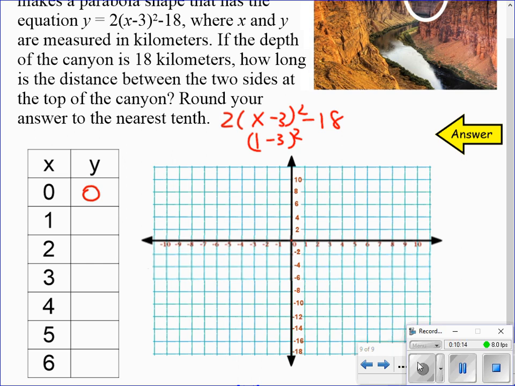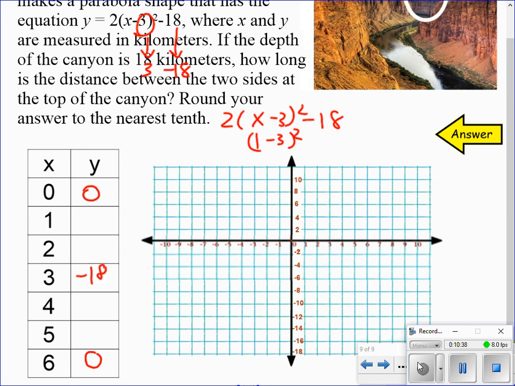Now, one thing I do know is that my vertex is at 3, because h is 3, and negative 18, because k is negative 18. So I know that my vertex is 3, negative 18. So I want my points, again, on either side of the vertex. So we start with 0. That means that 6 is going to be 0 as well.